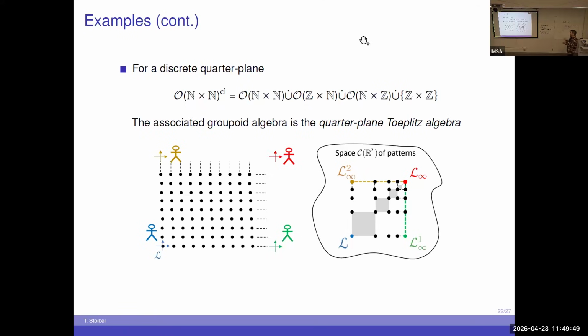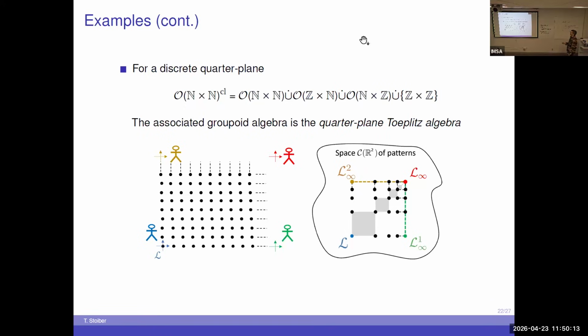Visually, the way that the pattern topology works is you stand at some point and move in a certain direction, and eventually, if an observer starts at the corner of the quarter space and walks along one of the edges, eventually what you will see is just a half lattice.